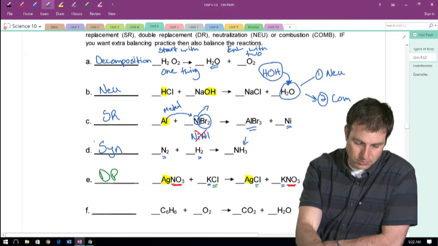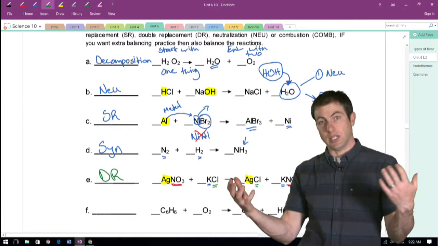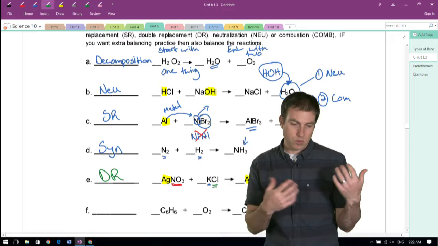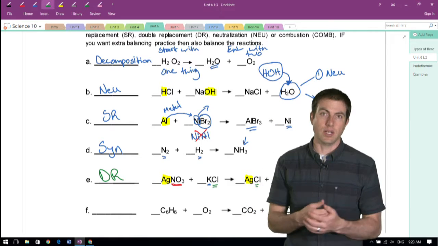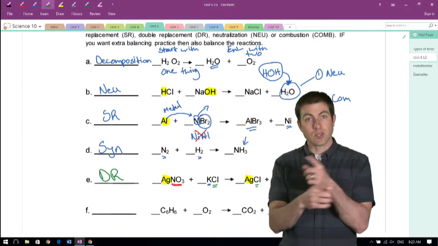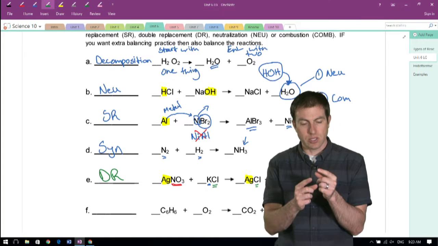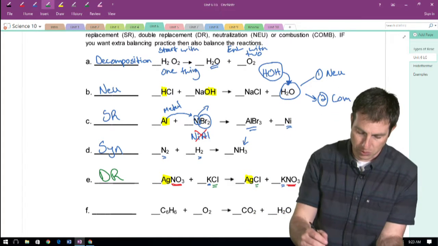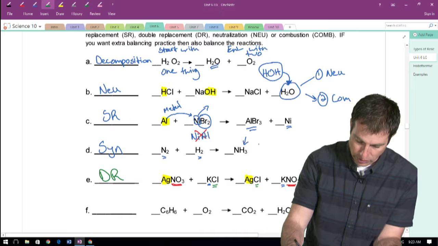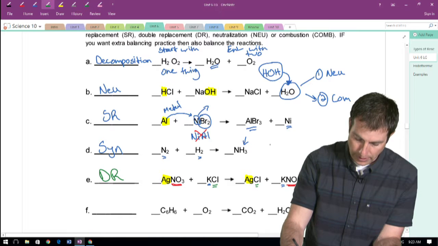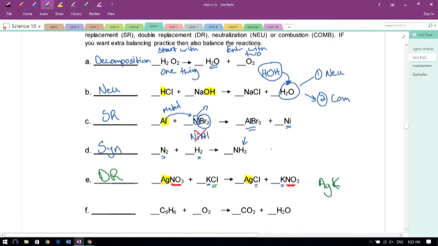So they're essentially just swapping. The silver was with the NO3, now the silver is with the Cl. And again, we can't switch so the silver and the potassium are together, so we won't ever end up with AgK over here, because we can't have two metals. So this is the only possible thing that can happen.